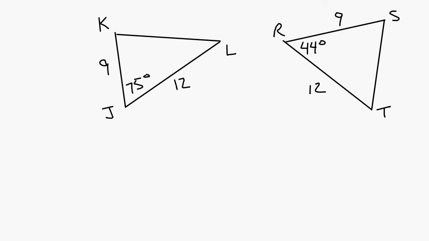The triangle on the left was KJL, and the triangle on the right was RST. Angle J was 75, and you had a 9 and a 12. Then angle R was 44, and you had a 9 and a 12. And you're asked to compare.